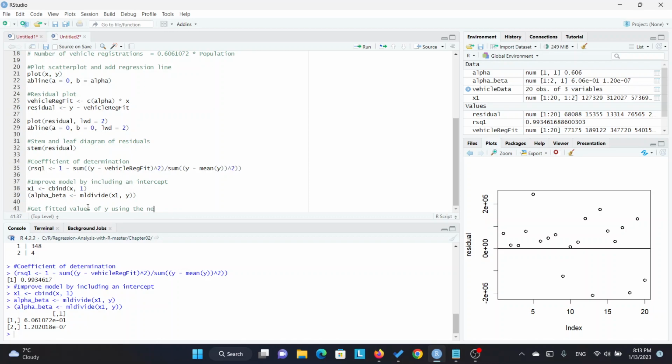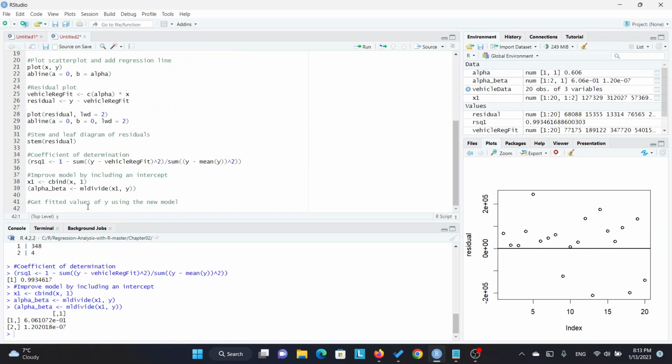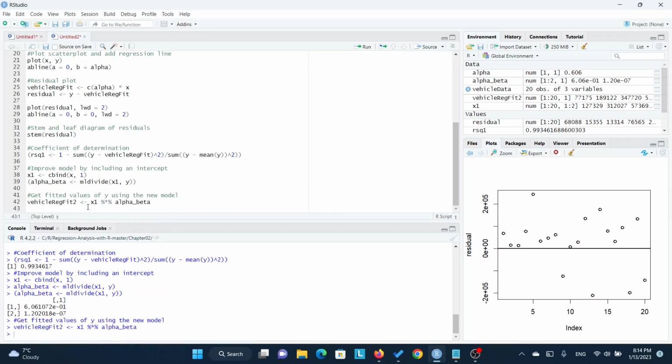We're going to name it vehicle reg 2, and we'll do a matrix multiplication of x1, using percent times percent, by alpha underscore beta. That gives our fitted y values again.